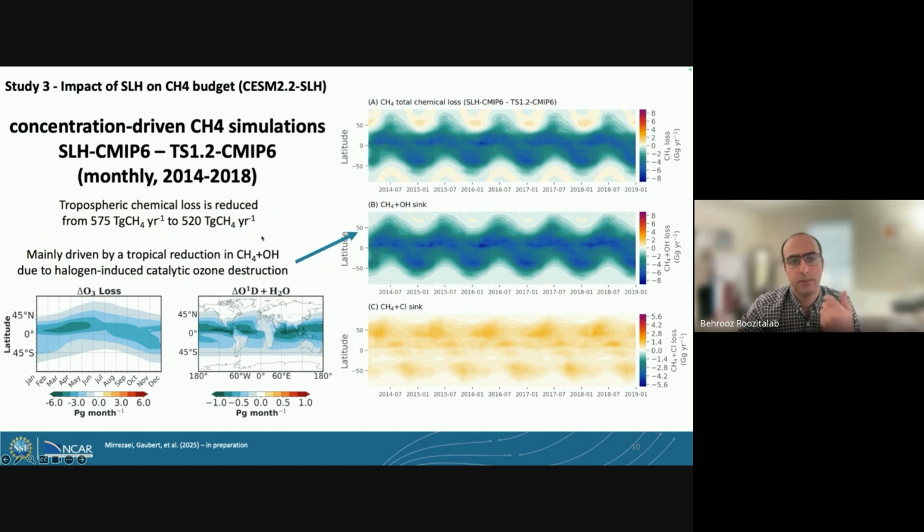And as a result, we see the methane sink through the OH oxidation decreasing, specifically over the tropical regions.